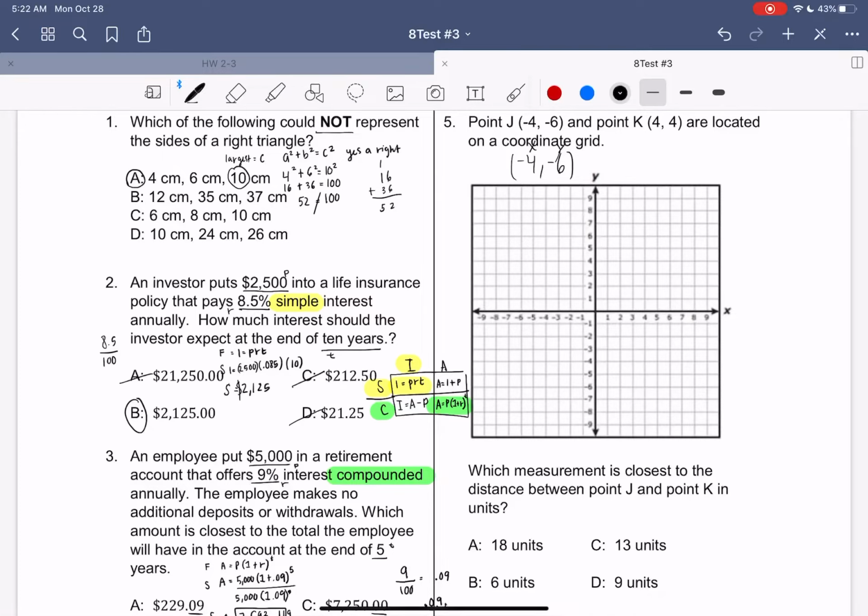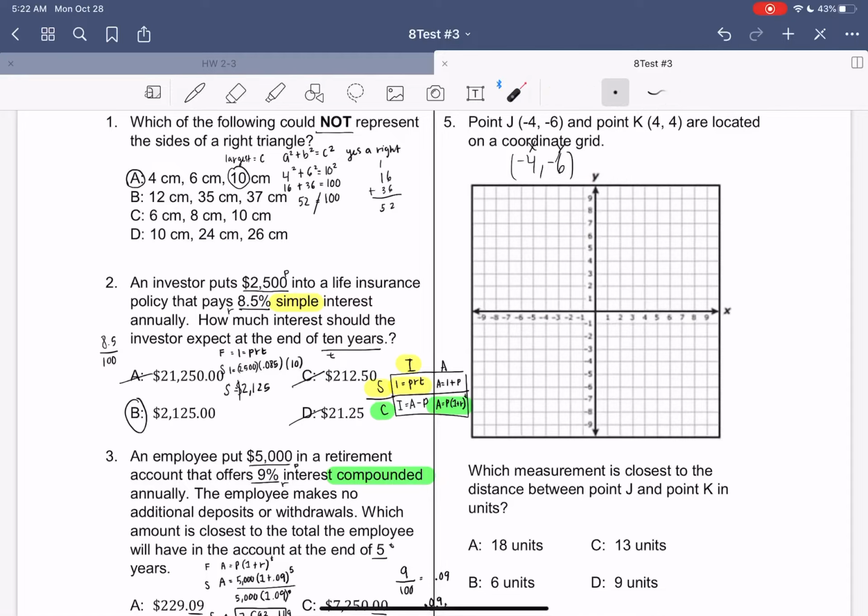And then since it's a -6, we'll go down from there, 1, 2, 3, 4, 5, 6. So here is our point right here.